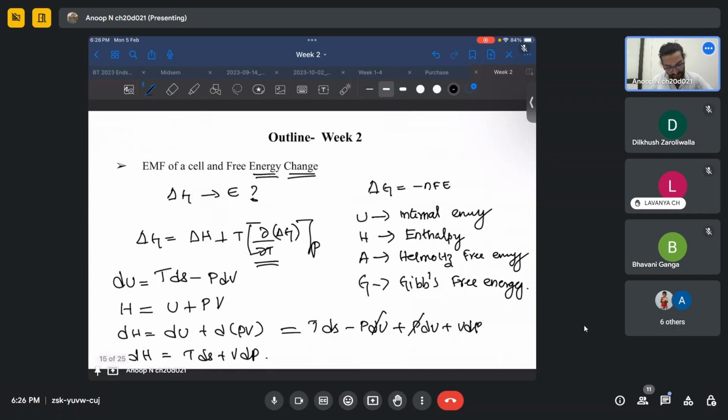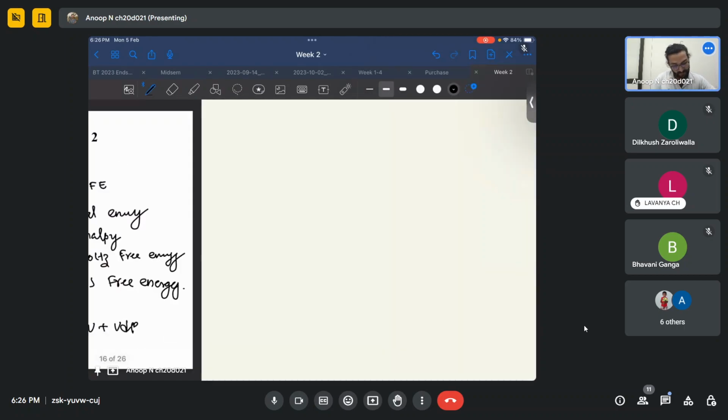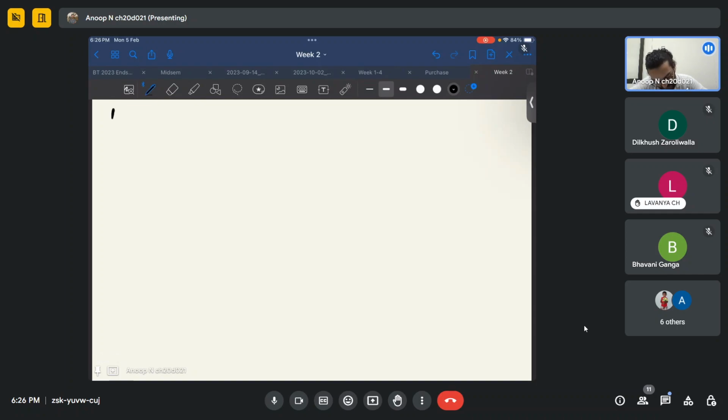Then what's the next relation? A is equal to U minus TS.